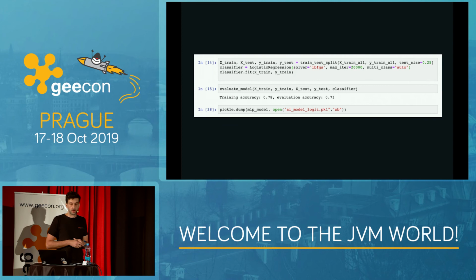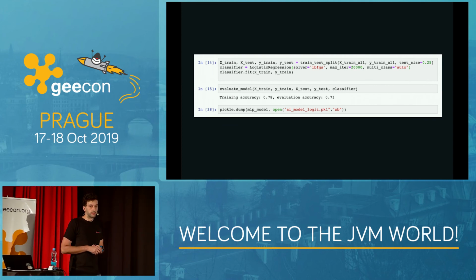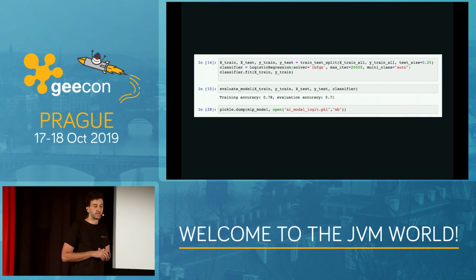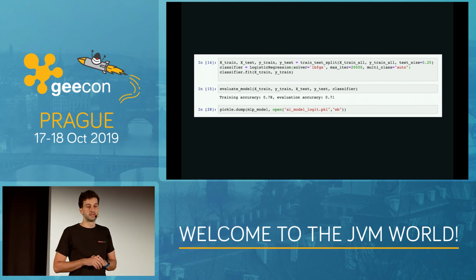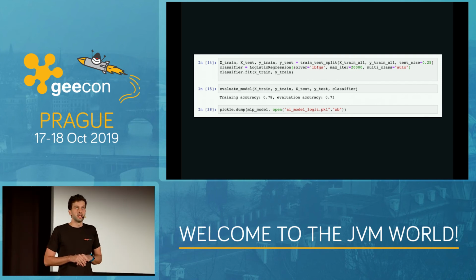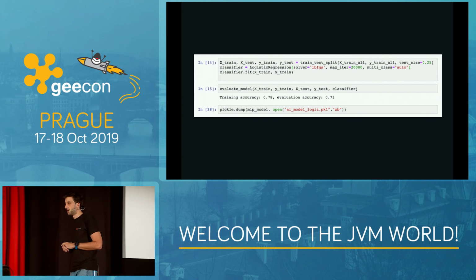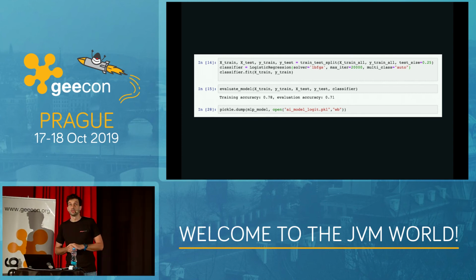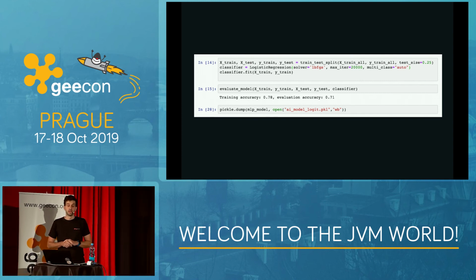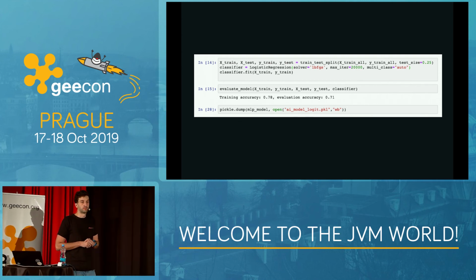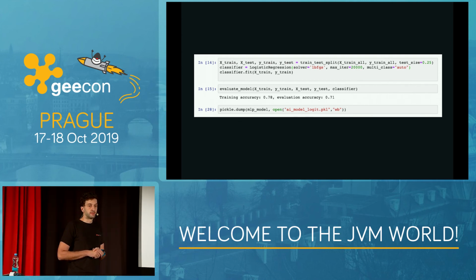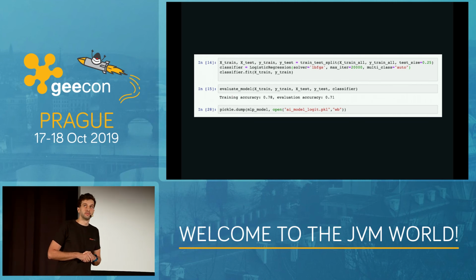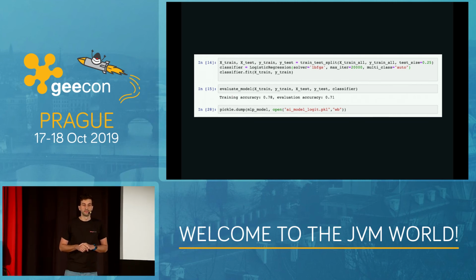Let's go and create a model. In the first line here, you see how we are splitting our data into the training and test set. We need the training and the test set to validate how our model performs on observations which were not seen during the training. And in this first approach, I use logistic regression, which is the simplest possible classifier.